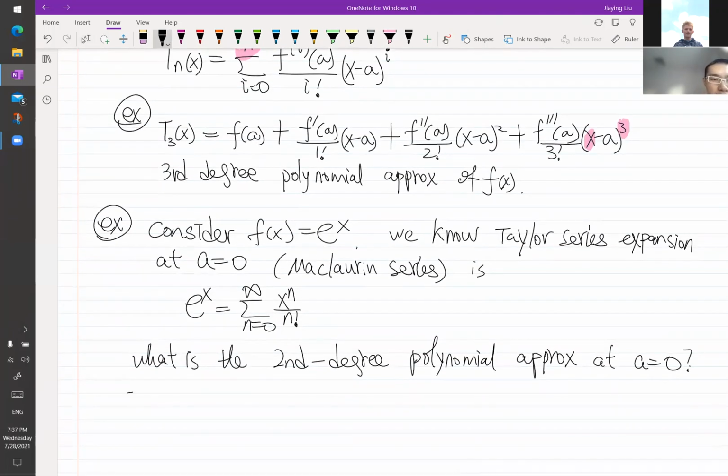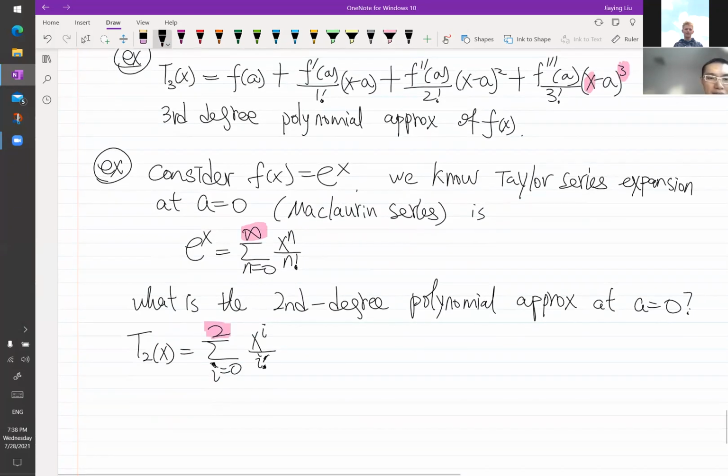That is just going to be t sub 2 of x equals sigma I from 0 to 2 of x to the I over I factorial. So instead of having infinity on top of the sigma, we just have a 2 there. Everything is the same form.